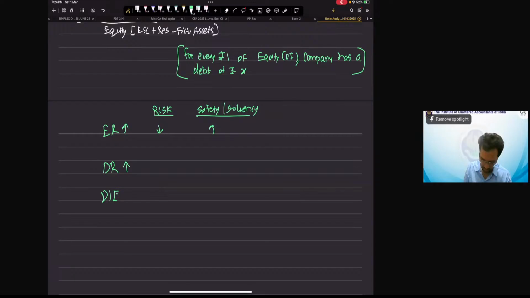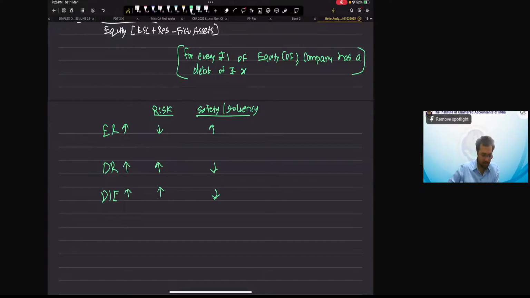A higher debt ratio means lower risk? No, a higher debt ratio means higher risk and lesser degree of safety. Higher debt equity ratio means greater degree of risk and lesser degree of safety.